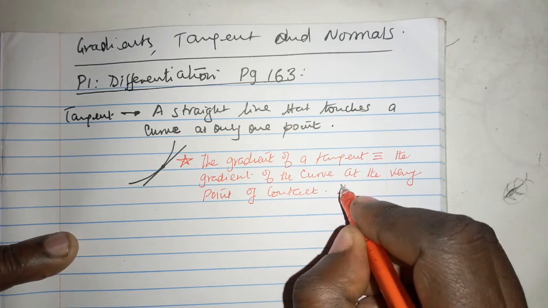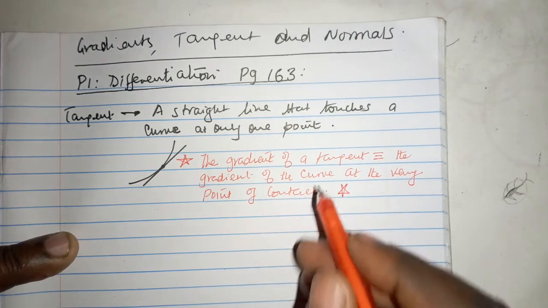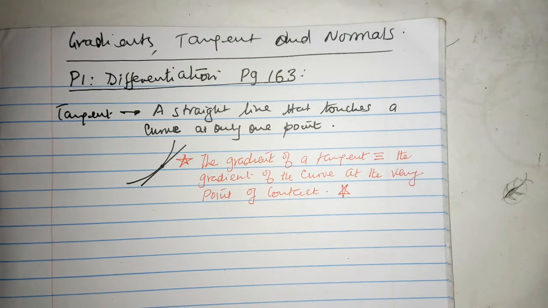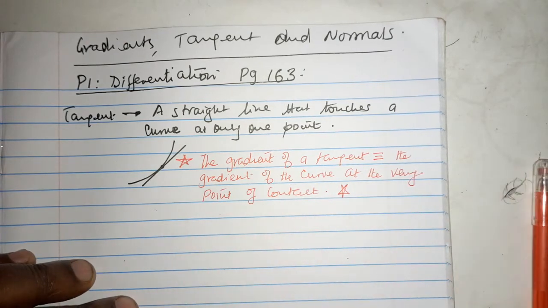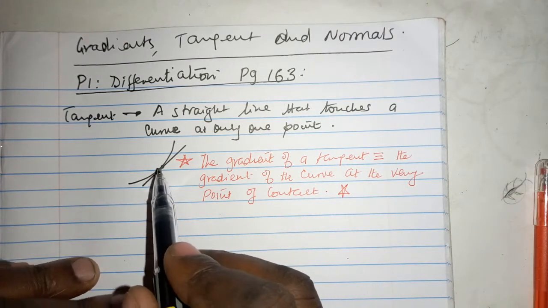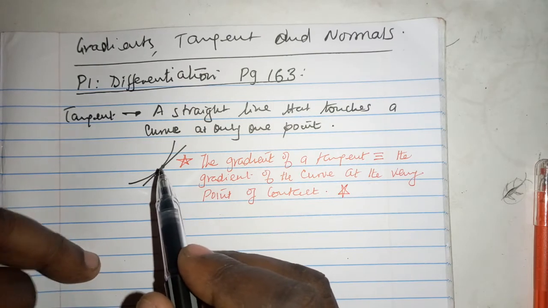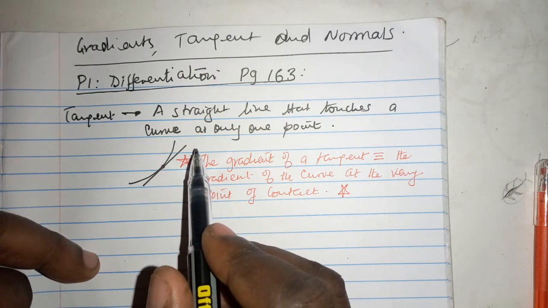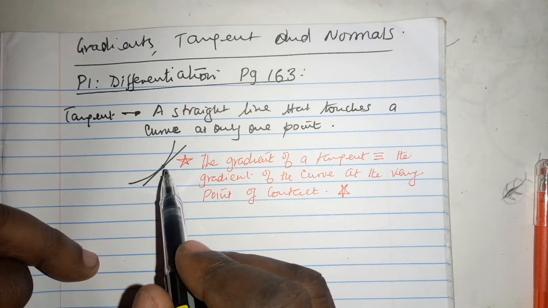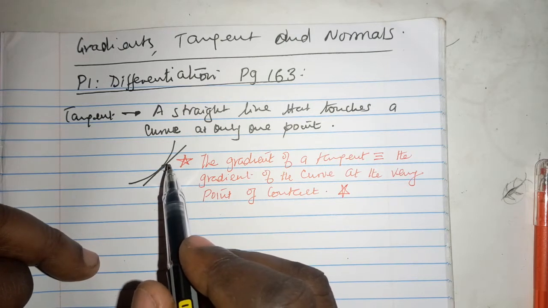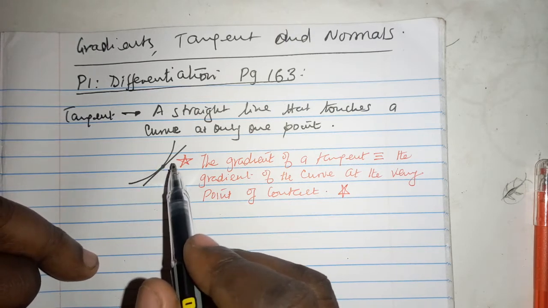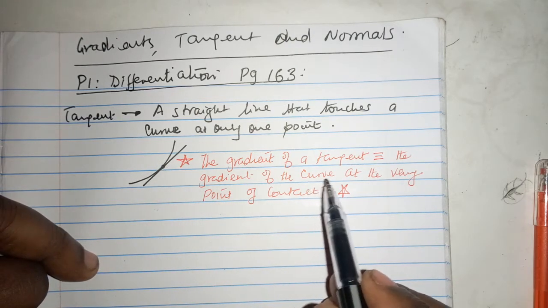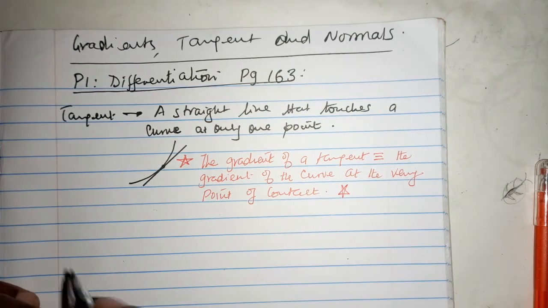This is very important. Forget everything, not this. The gradient of a tangent is exactly equal to the gradient of the curve at the very point of contact. We explained this in the first principle gradient, that as h reduces, we get closer to getting the tangent, and the gradient of the curve is given by the gradient of the tangent at that particular point. That is number one.